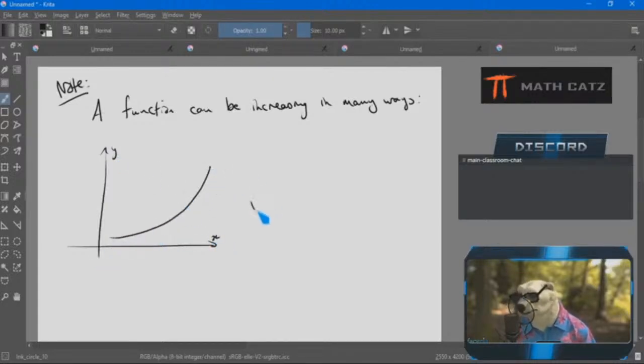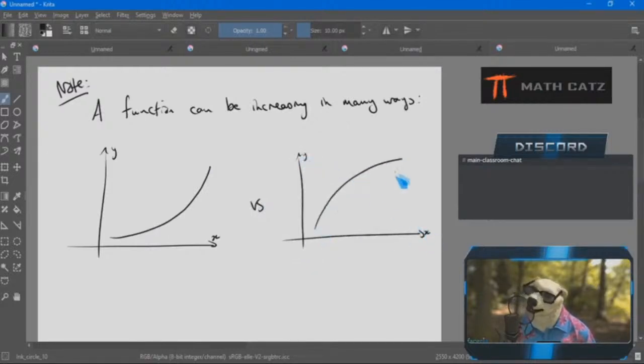That's definitely uphill. But it can also be increasing like this. They're both increasing. Any tangent line has a positive slope. And just saying, oh, it's increasing there, that doesn't quite tell me the shape of that graph. Something is missing.